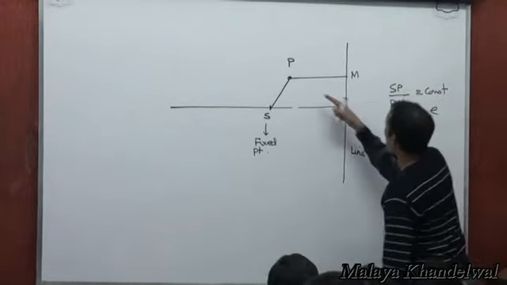So for a focus, the ellipse will have a directrix. If there are two foci of an ellipse, then it will have obviously two directrices.